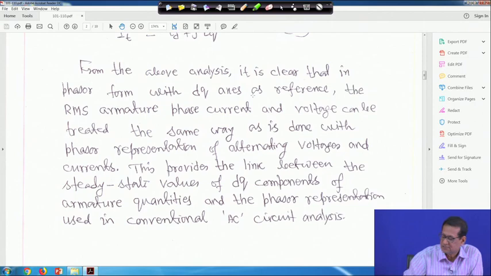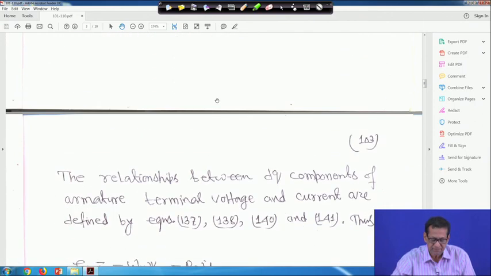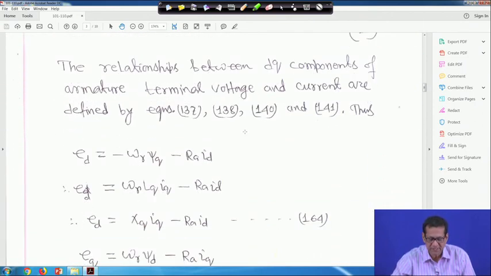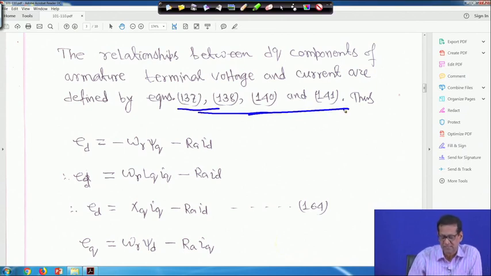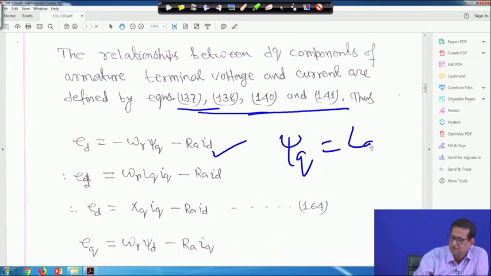So, the relationship between DQ components of armature terminal voltage and currents is defined by equations 137, 138, 140 and 141. That means ED can be written as minus omega r psi q minus RA ID. Similarly, psi q we know is equal to LQ IQ, and that has been substituted here.